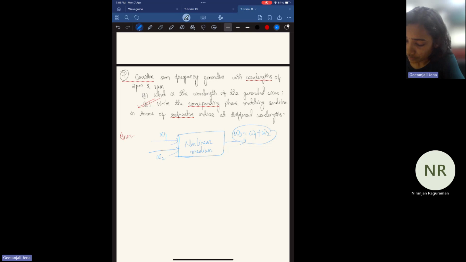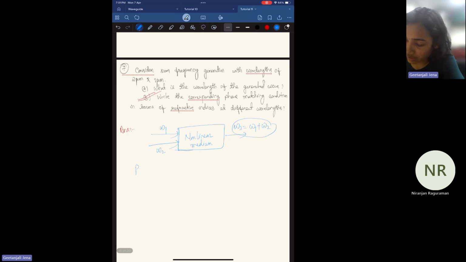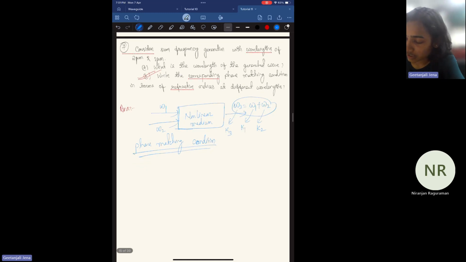For this, we need the phase matching condition. Let us say omega 1 has the wave vector k1, omega 2 has wave vector k2, and omega 3 has the resultant wave vector k3. The phase matching condition says k3 should be equal to k1 plus k2, so that we can see sum frequency generation.